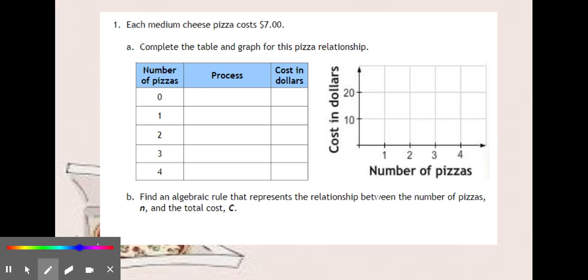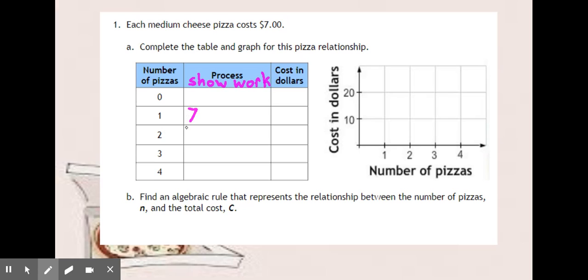That extra column is the process column. So it's kind of like the show your work column. Show how you got the dollars. So for 0 pizzas, there was no money. For 1 pizza, it cost $7.